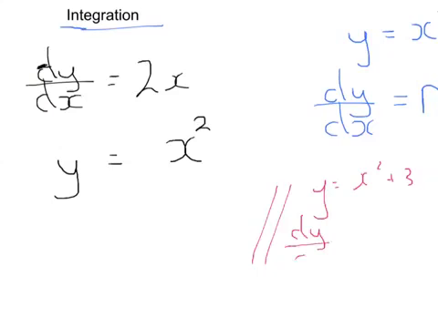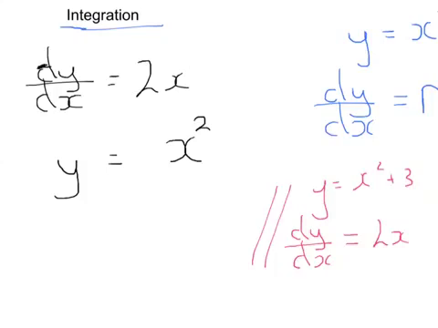In this case, dy dx would also equal 2x. So if I was to differentiate, well, dy dx equals 2x, that's what we started with. We integrated it to get y equals x squared. But here we've said y equals x squared plus 3, and that's because this constant here, the number on the end, gets lost.